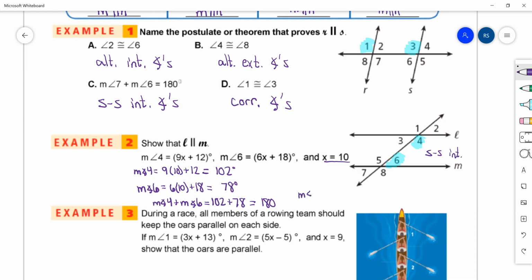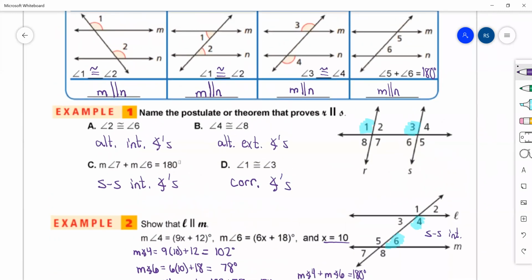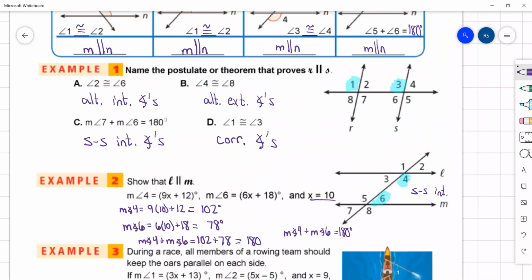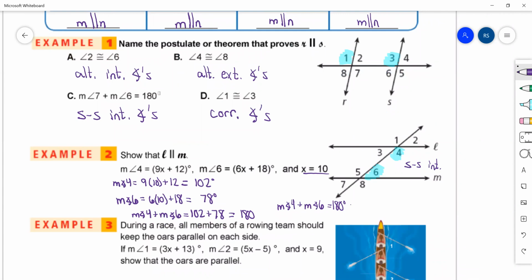So let's say the measure of angle 4 plus the measure of angle 6 equal 180. So that means L is parallel to M because they're same side interior angles.